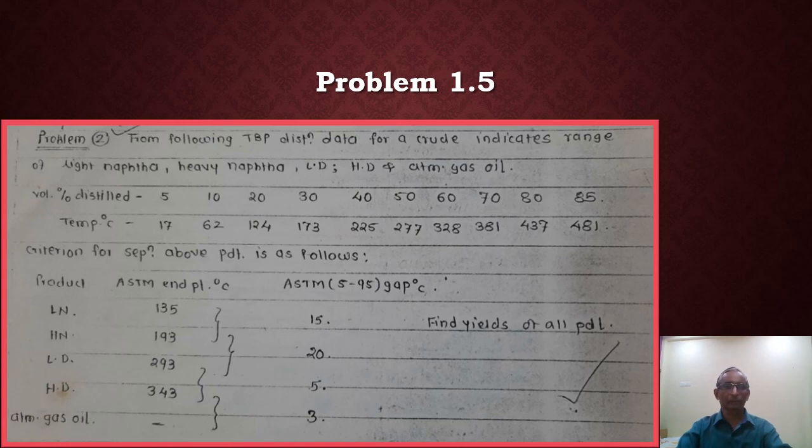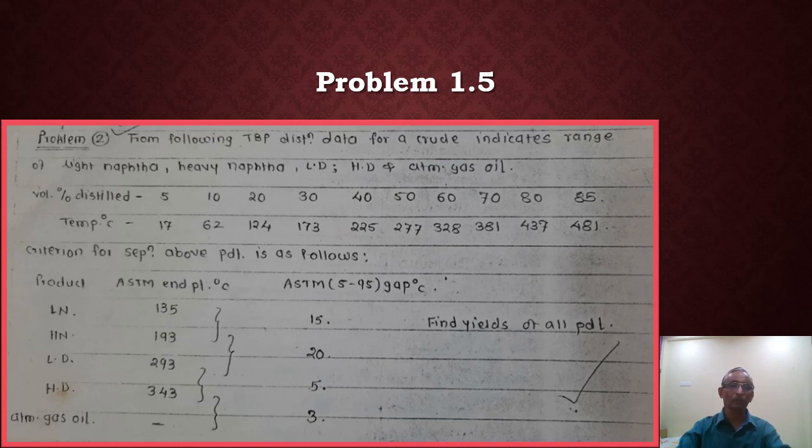You have to identify how much quantity of light naphtha, heavy naphtha, light distillate, heavy distillate and atmospheric gas oil you are going to get as yield percentage. Depending upon the data available, find the yields of all products.